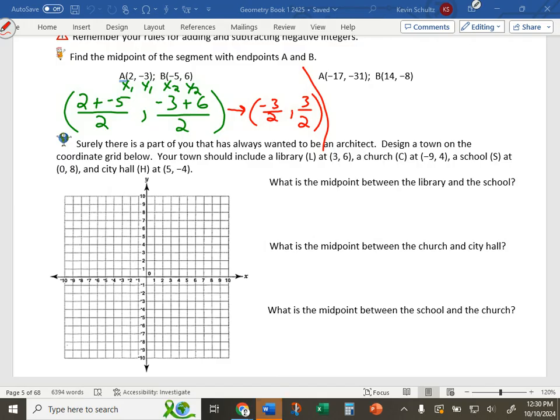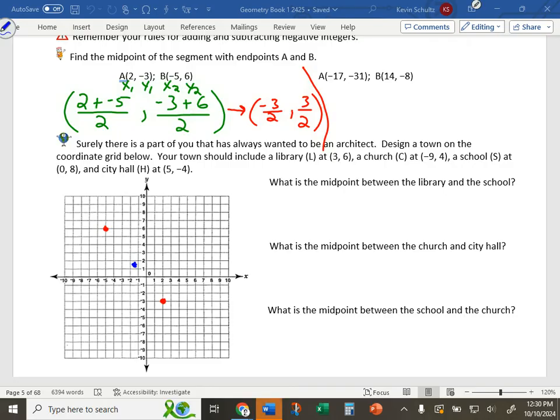Point A is at 2, negative 3, so that's going to be right here. Point B is at negative 5, 6, so that's going to be up here. And the midpoint of this segment, we calculated to be negative 3 halves, positive 3 halves, which is essentially negative 1.5, positive 1.5. That's going to put it right here. If you look at that blue dot, that's in the middle of the endpoints.